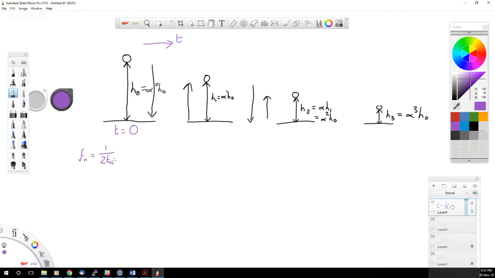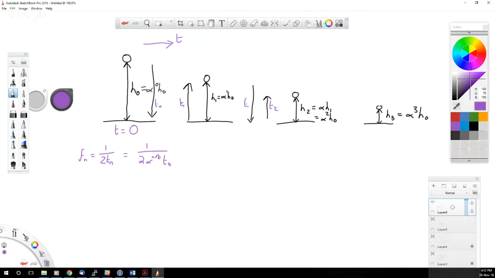We're using the same definitions, so T0, T1, T1, T2, and so on. And from before, this gives us 1 over 2 alpha^(n/2) T0. So we now need to convert this 2 alpha^(n/2) into a time.